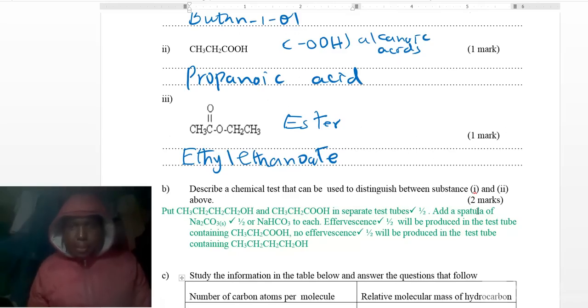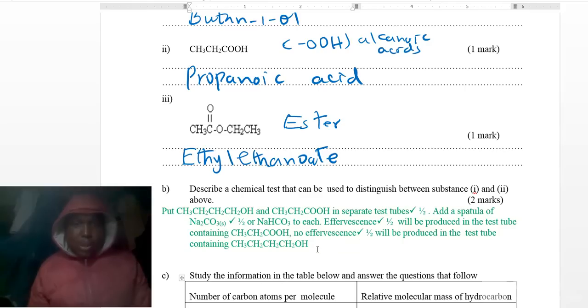Add a spatula of sodium carbonate or sodium hydrogen carbonate to each of them. Effervescence will occur in the test tube containing the alkanoic acid. In the test tube containing an alcohol, no effervescence will occur.